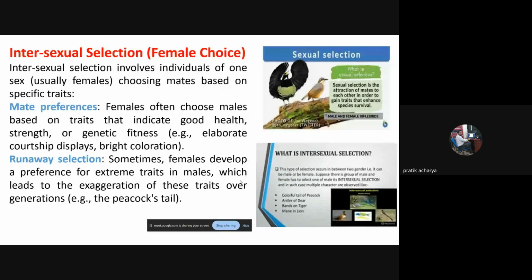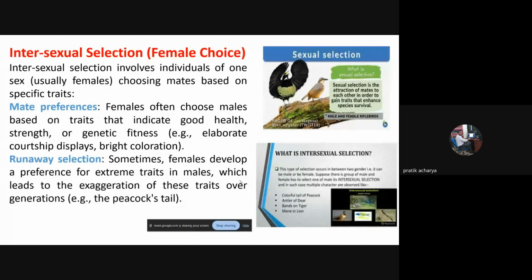In the case of female choice, intersexual selection is very essential. Female choice is essential because the female decides which kind of male is fit, and mating with which kind of male can produce more fit offspring.